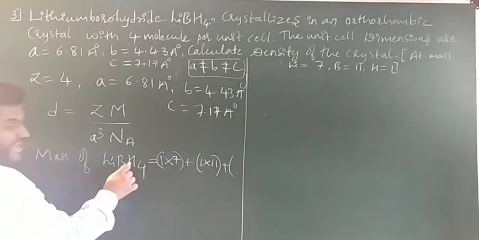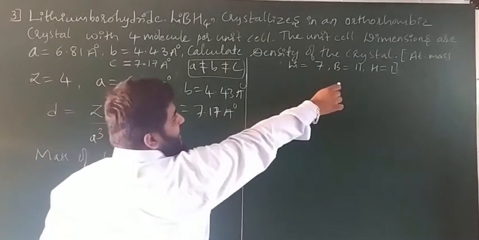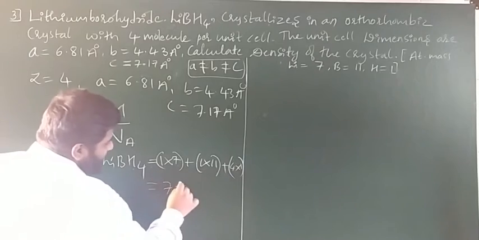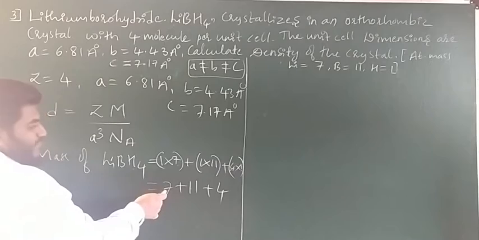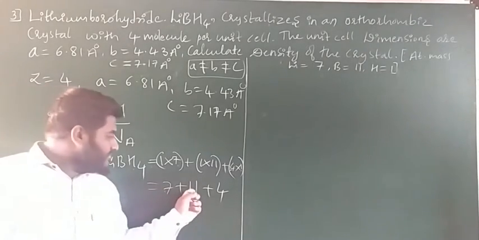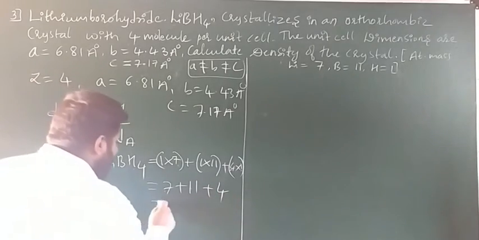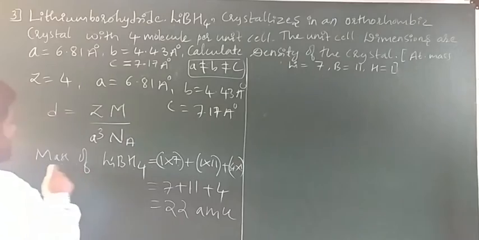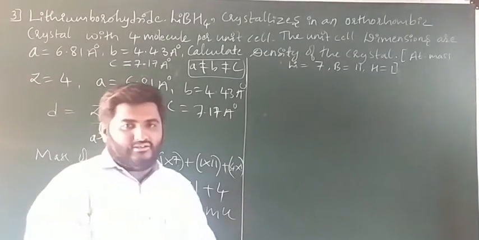Plus how many hydrogen atoms are there? 4, and the atomic mass of hydrogen is 1. So total, 7 ones are 7, 11 ones are 11, 4 ones are 4. 7 plus 11 is 18, plus 4, it is nothing but 22 AMU. This is the molar mass of lithium borohydride we got.